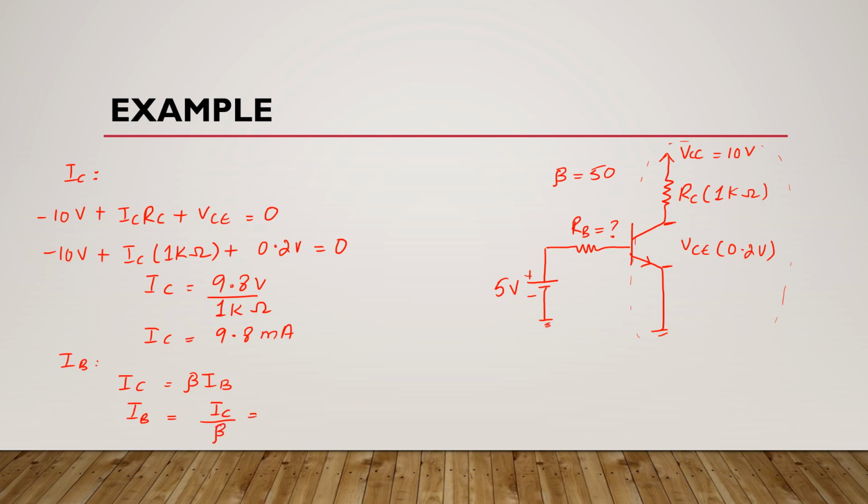Here collector current is 9.8 milliamperes and beta is 50. After solving this, you will get 1.96 into 10 raised to the power minus 4 amperes. So this is the value of base current here.